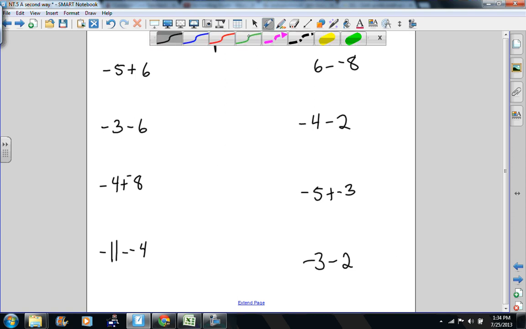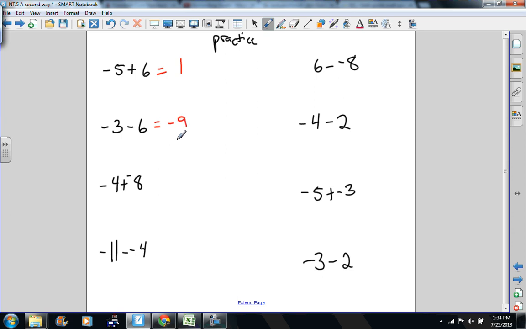Okay, so I'm going to change pen color. We start with -5. We earned $6, so we paid them back, and we were left with $1. Here we started with a -3, and we took away 6 more, so we ended with -9. Here we started with a -4, and we added another -8, so $12 in debt.